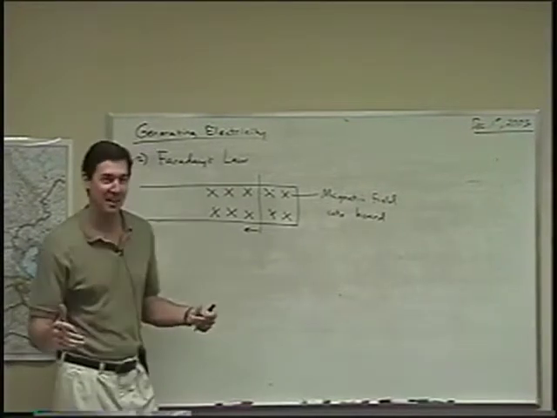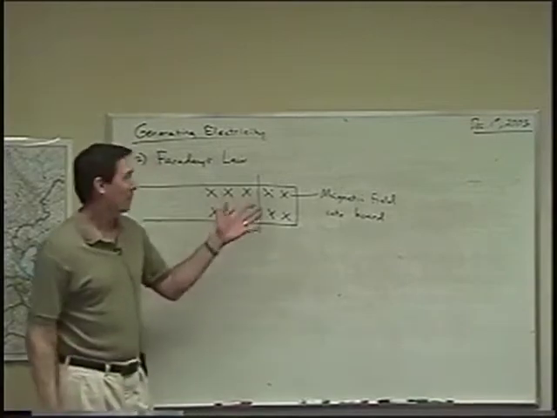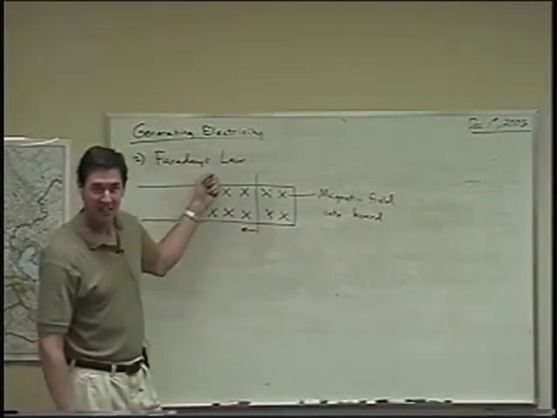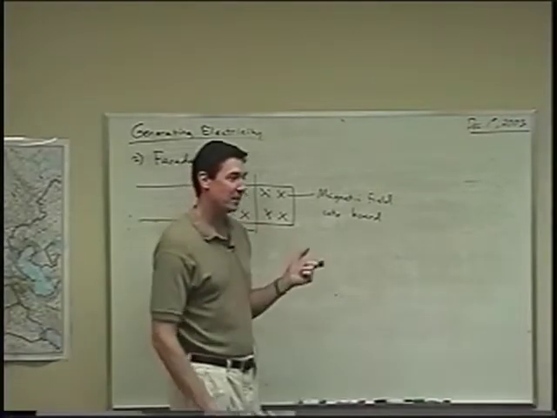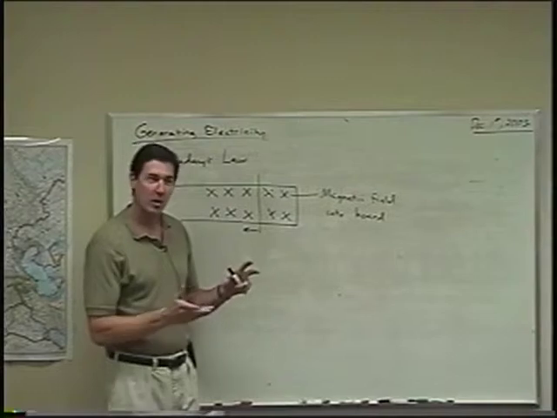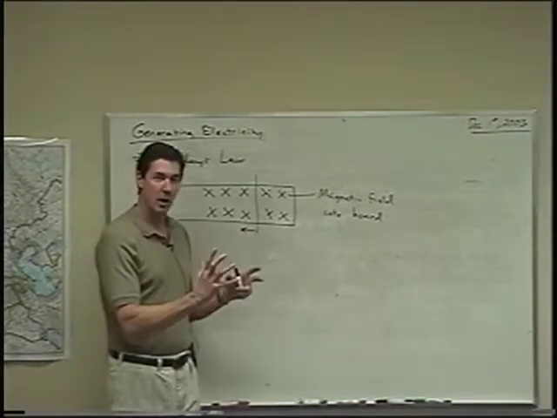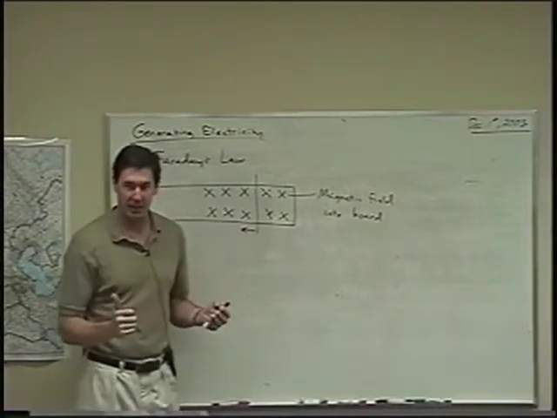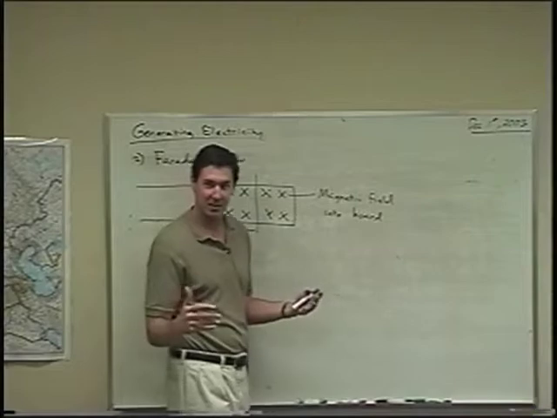I think that came out sounding complicated maybe, but remember the law that Faraday discovered: current will flow in loops in order to oppose any change in the magnetic field through the loop. That was his basic discovery.